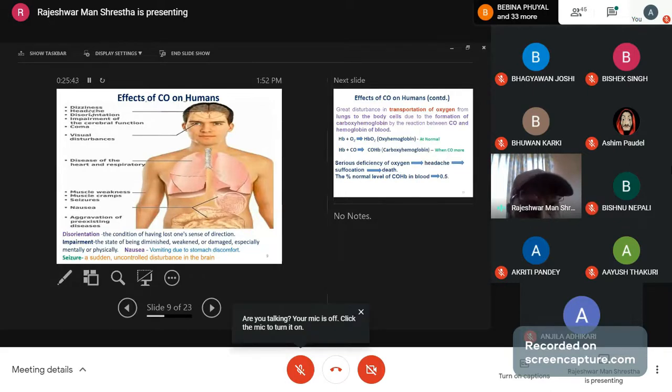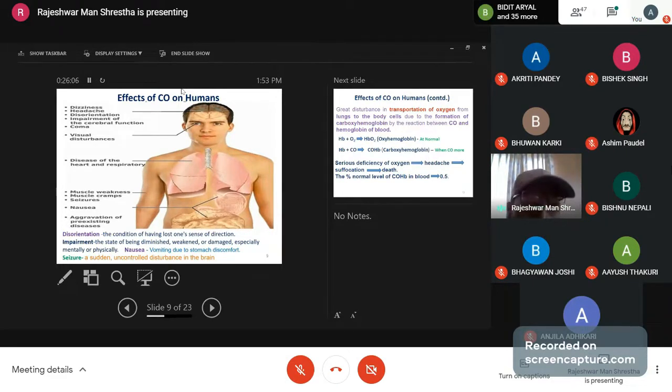And the effect of carbon monoxide on humans. First, dizziness, weakness, headache, and disorientation, meaning lost sense of direction. Impairment of the cerebrum function means a decrease in cerebrum function, and when that occurs, the person will go into coma.